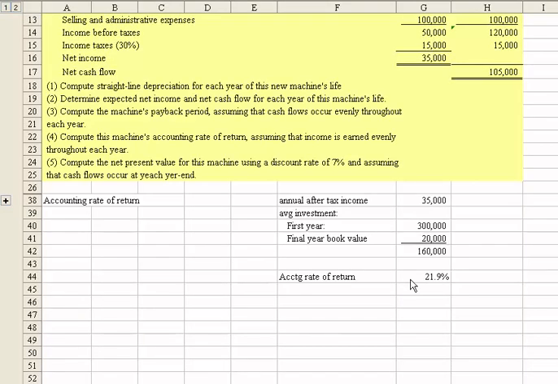Okay, now let's take care of the fifth requirement, which is compute the net present value for this machine using a discount rate of 7% and assuming that cash flows occur evenly throughout each year, is what I believe that means to say.